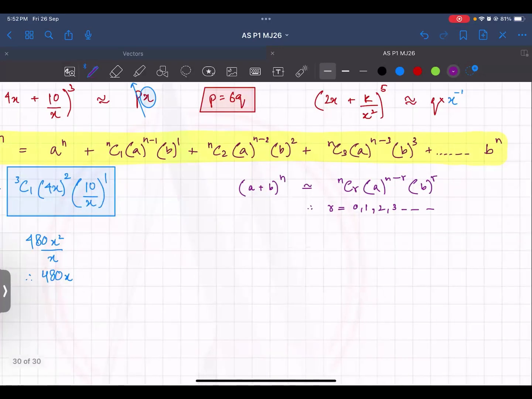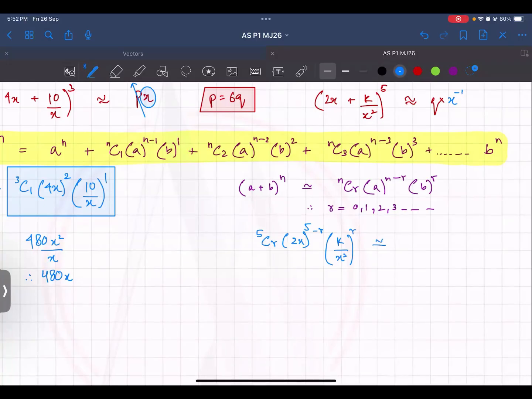So what do you do right now? You can see that your power is 5. So this would be 5Cr. Then your a is your 2x. So 2x power n minus r. Sorry, n is your 5. 2x power 5 minus r. And then you have b. b is (k upon x square) power r.